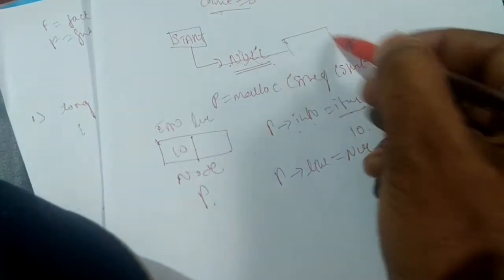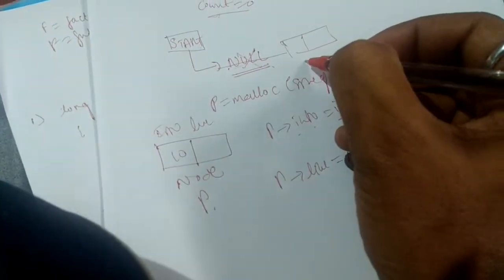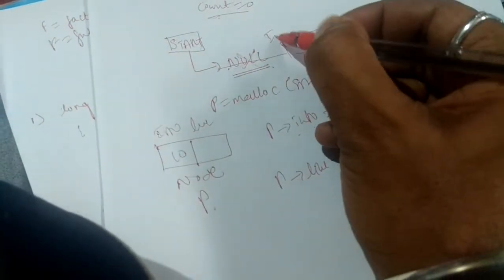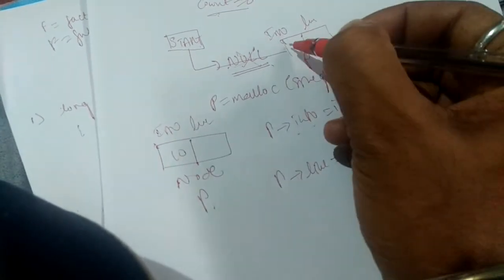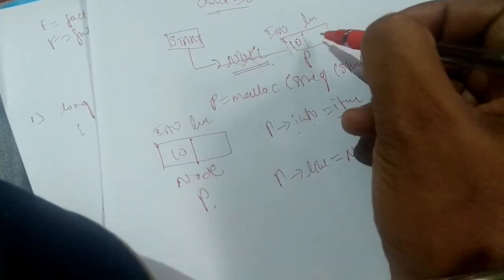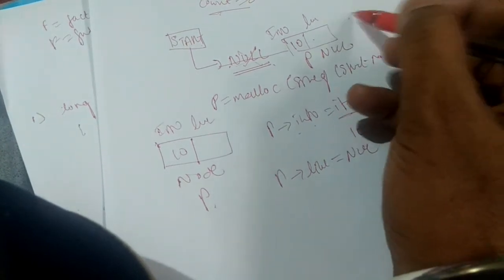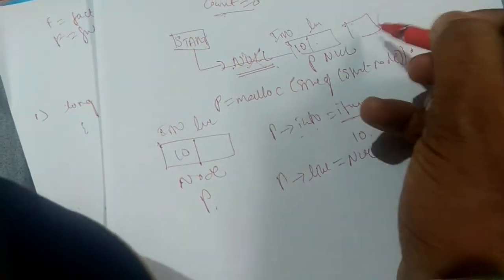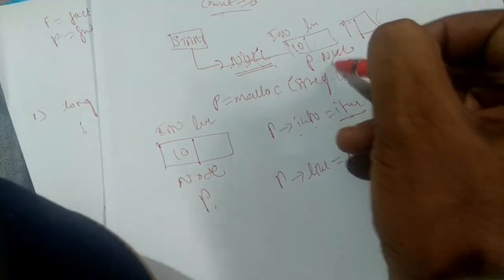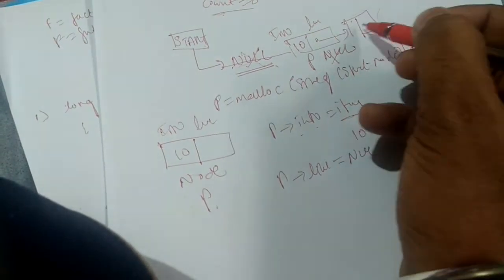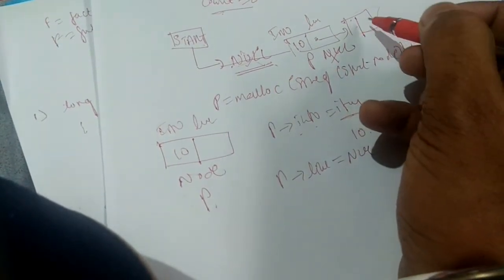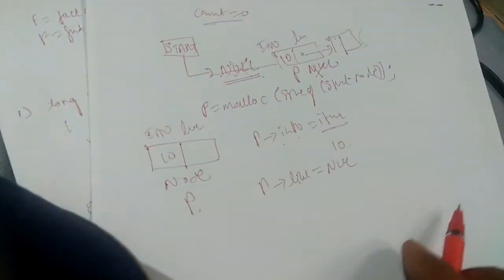This created one node using pointer p, with its info part and link part. What we did? Only 10 is entered. This part is what? For the time being null. Once you create another next node, this null changes to the link. Like this you have to enter 20, next 30, 40, like this. How many nodes you want? That many nodes you have to enter.